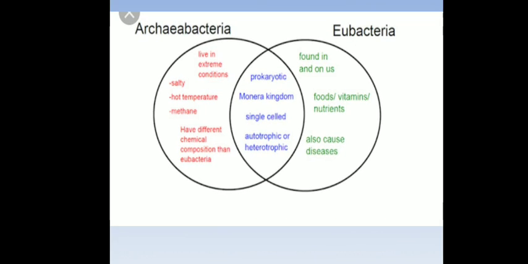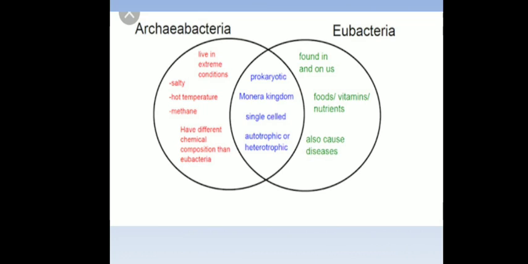Here we can easily see the similarities between archaebacteria and eubacteria: both are prokaryotic, both are included in Monera kingdom, both are unicellular, and both have their mode of nutrition as autotrophic or heterotrophic.